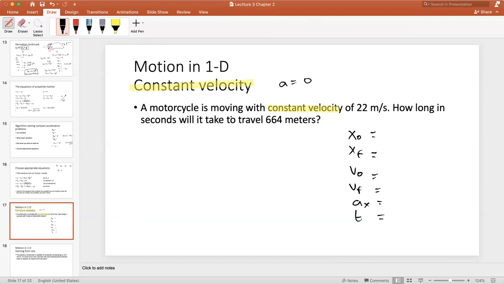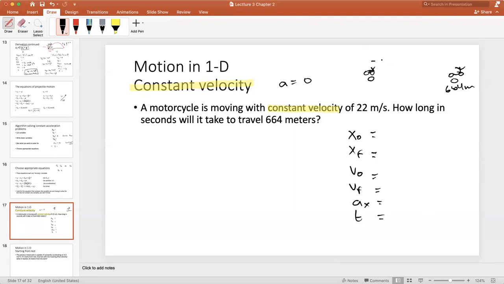So I have a motorcycle that's moving with constant velocity, 22 meters per second. And I'm asked to find how long in seconds it will take to travel 664 meters. So I know that I have a motorcycle. That's my little motorcycle. And it's going to go a distance of 664 meters.